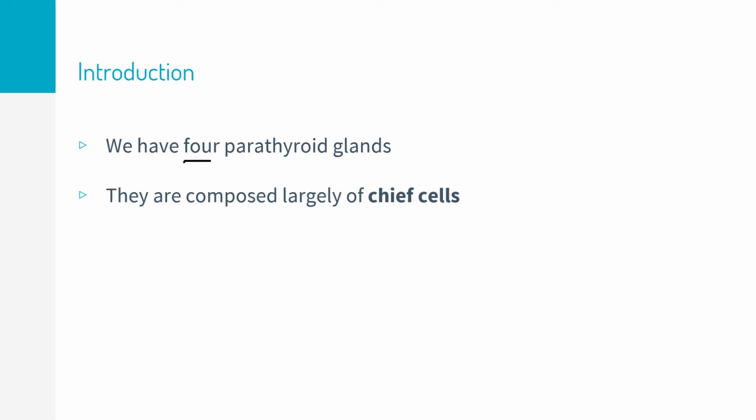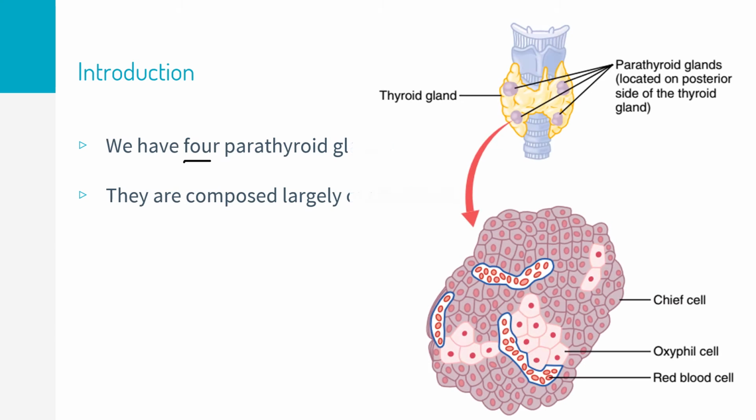So, as an introduction, you should know that we have 4 parathyroid glands, and they are largely composed of chief cells. If we have a look at the figure, you can see the 4 glands, and they're all sitting on the posterior side of the thyroid gland, either on the upper pole of the gland or on the lower pole.